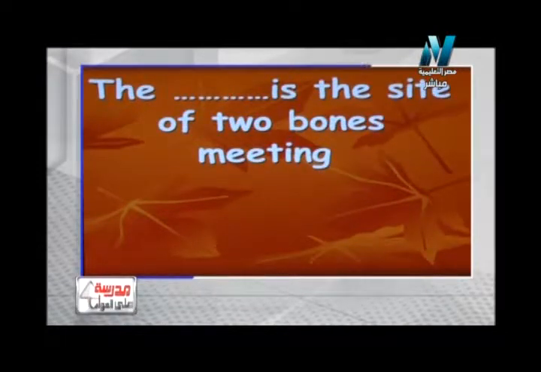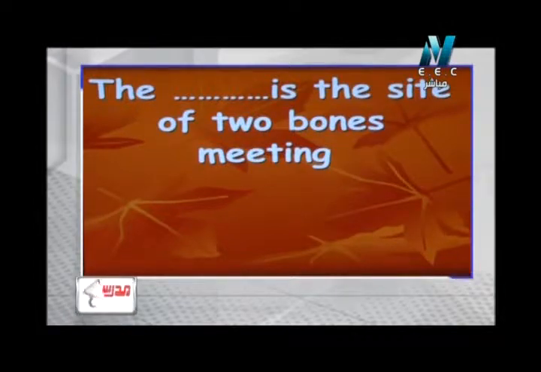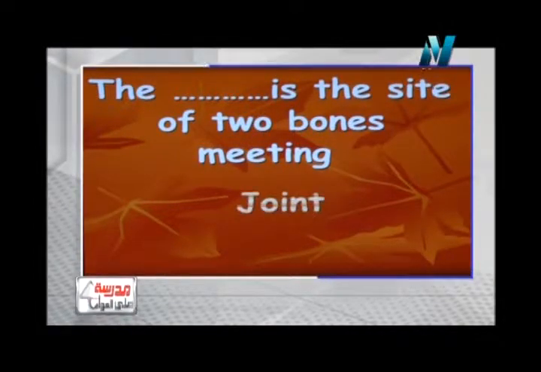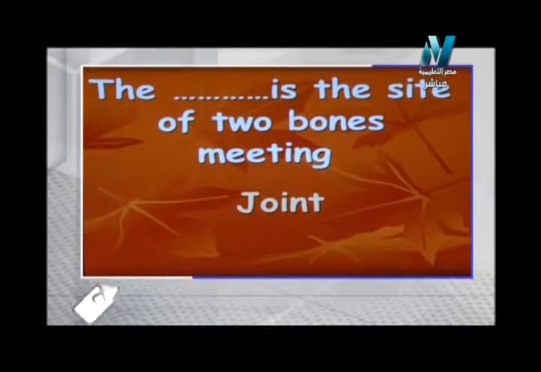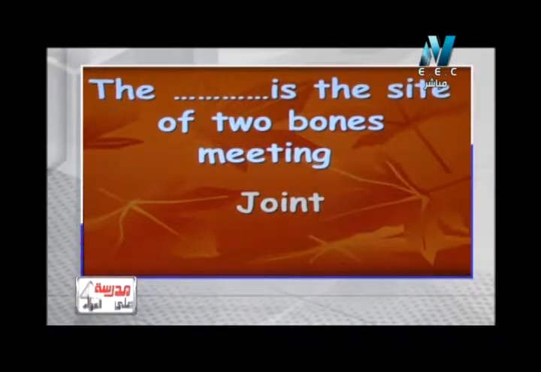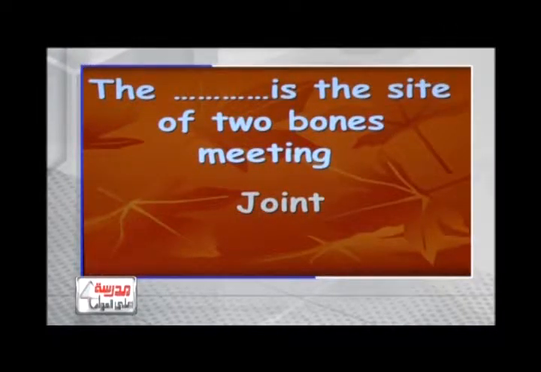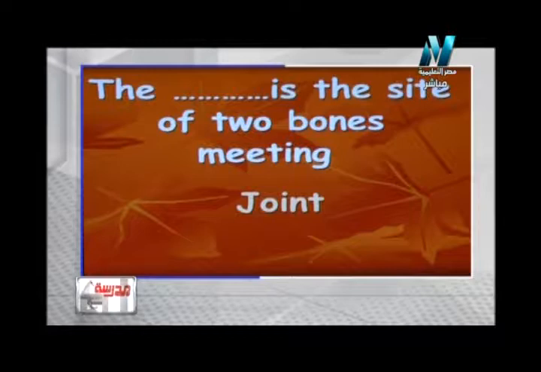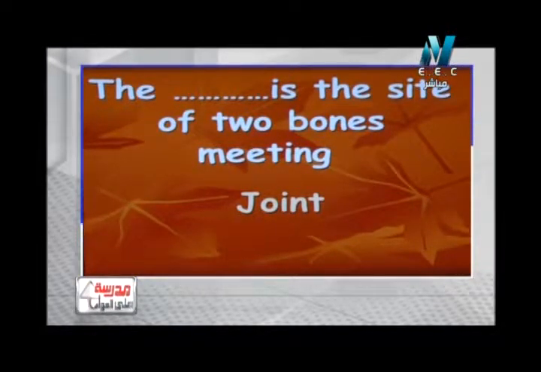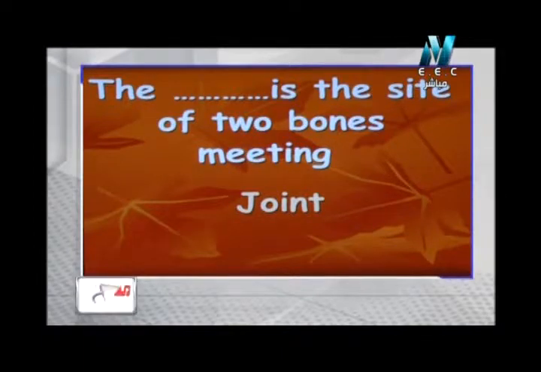So another question. The joint is the site of two bones meeting. So again, we have many joints in our body, such as the elbow joint, the knee joint, and the skull joints, which are immovable.